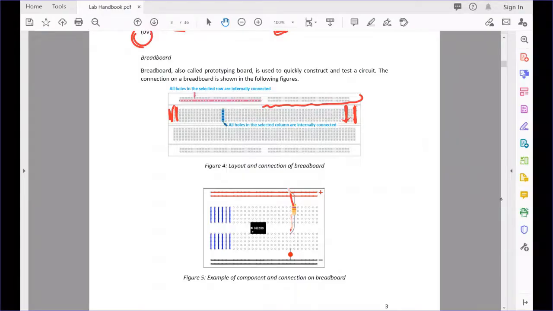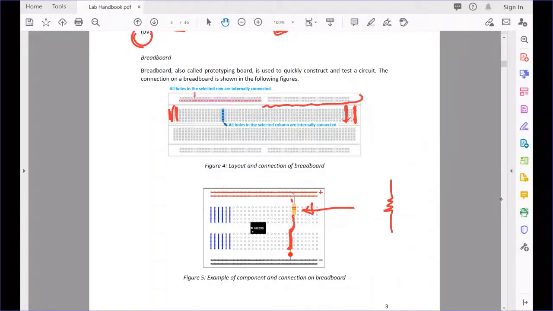So for example, we look at this resistor. If you put the resistor leg in one of the holes here, this whole line is connected to the end here. Then you connect an LED at this hole, which means you have connected the resistor here.